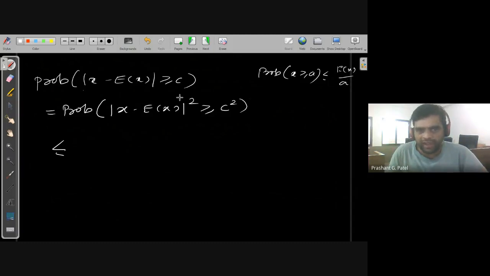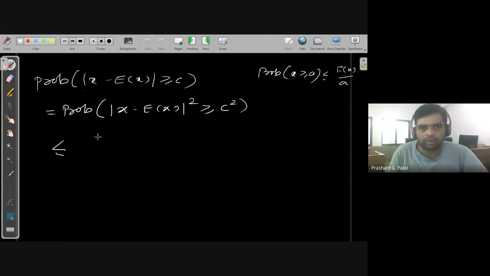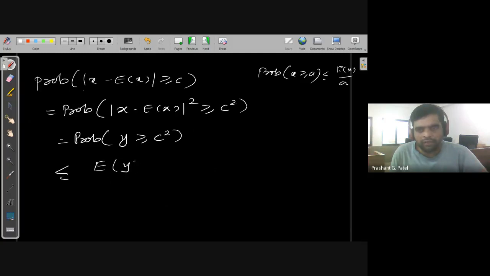So here this is Y, as we have talked. We have taken this as Y. So this is equal to probability of Y greater than or equal to c square. Now Y is a non-negative random variable, so we'll have this less than or equal to E of Y upon c square.